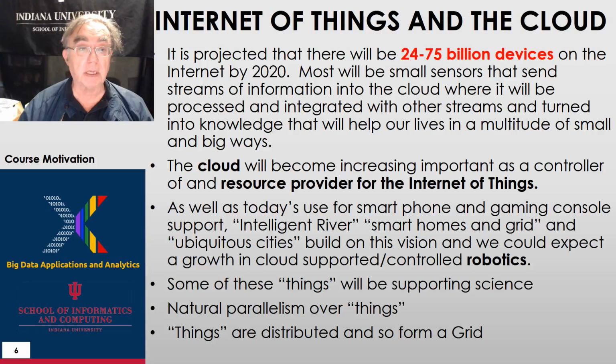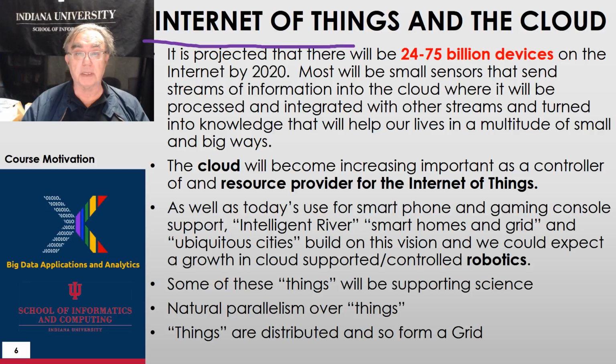Now we come to the last half of this lesson, the Internet of Things. There are various estimates, which depend probably on the way they define what a thing is, and they say from 24 to 75 billion devices will be on the Internet by 2020. Most of these will be small sensors.